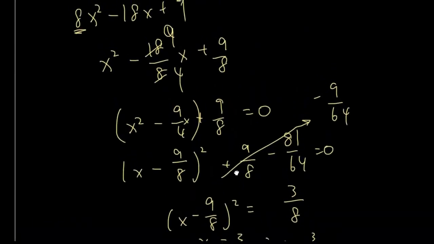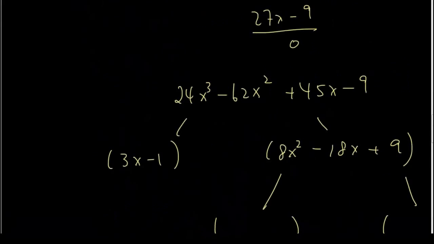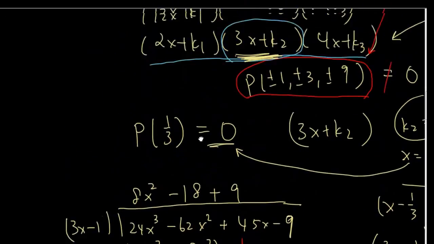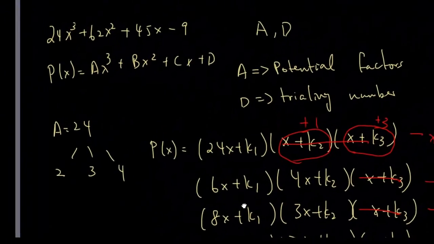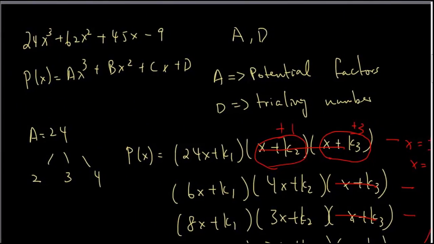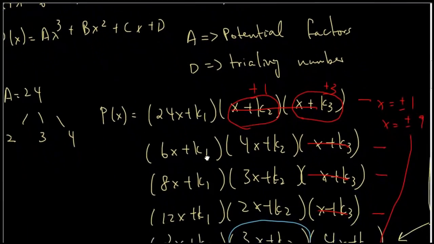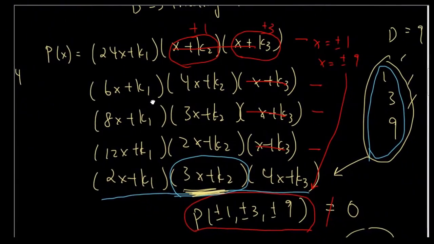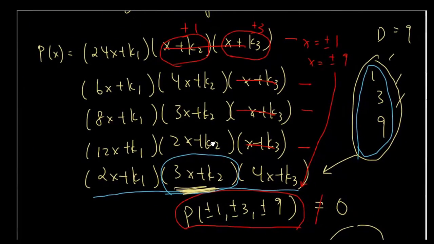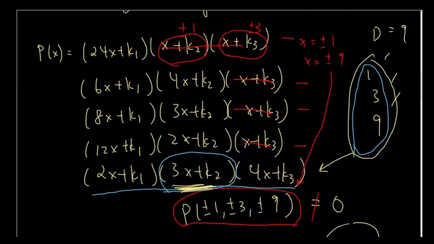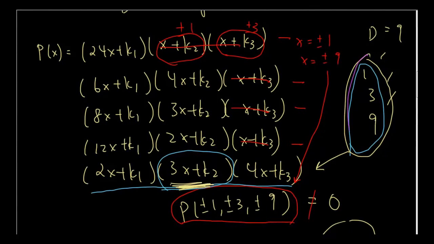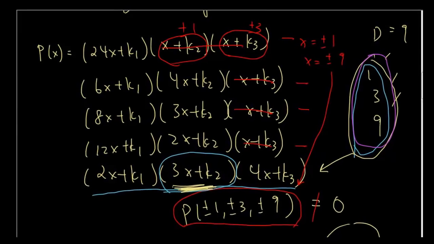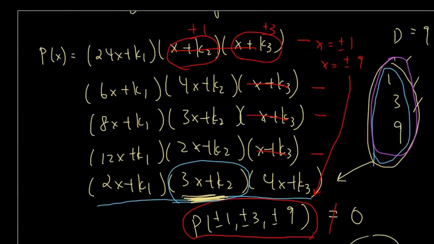Okay guys, so that's how you solve a cubic function if your a value can split into three possible numbers. Just to recap, when you put these trailing numbers into your original p(x), and if that doesn't give you a 0, that tells you that your roots must not be whole numbers.